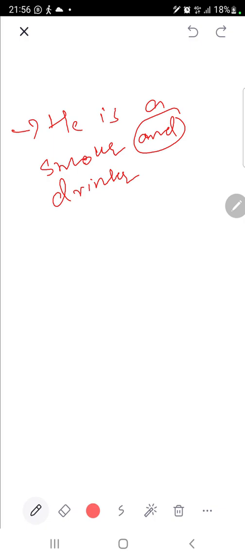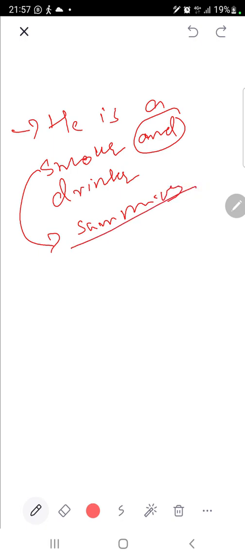What are the conjunctions? And, but, so, yet, nor, and so on. With the help of conjunctions, we can write two things together, right? Compound sentences are preferred when we have to summarize some things.